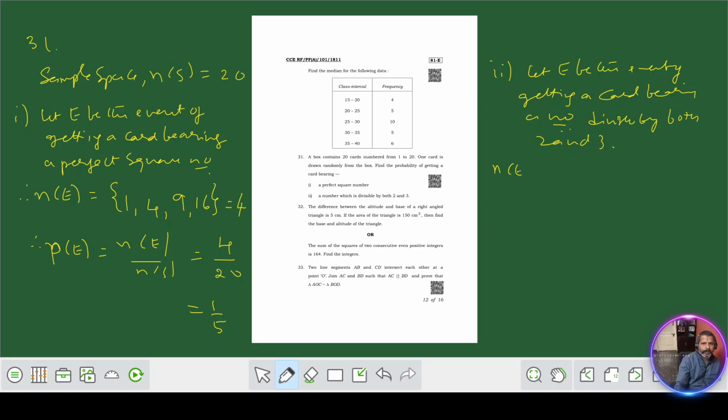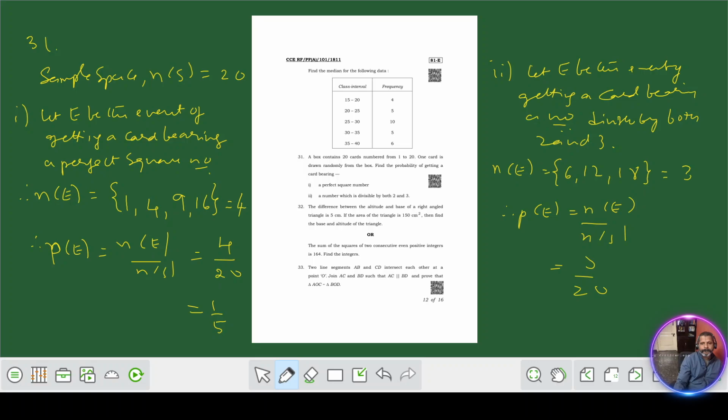Then how much does n of E come? Out of 1 to 20, which are the numbers divisible by both 2 and 3? They are nothing but the table of 6. 6 1 is 6, 18, right? So 3. Therefore, P of E equals n of E by n of S. P of E is what? 3 by 20.